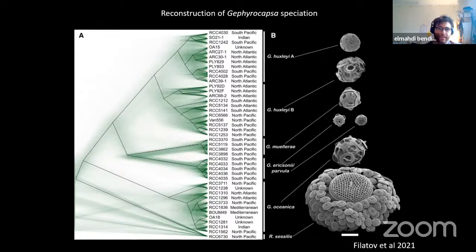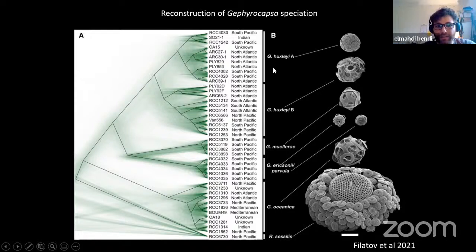If we increase the data set for the Gephyrocapsa, like adding Reticulofenestra sessilis in our datasets, it seems that Reticulofenestra sessilis is not far from the Gephyrocapsa in general. So perhaps it's not a Reticulofenestra. So maybe we may have to change that as well.